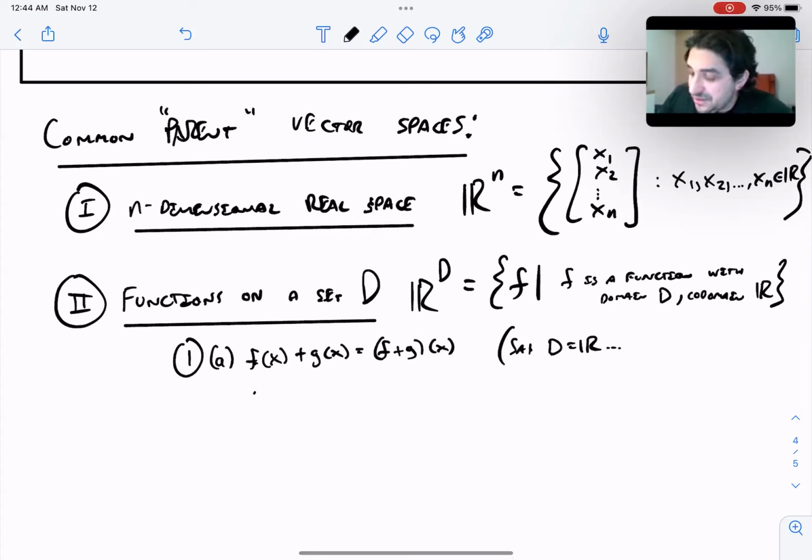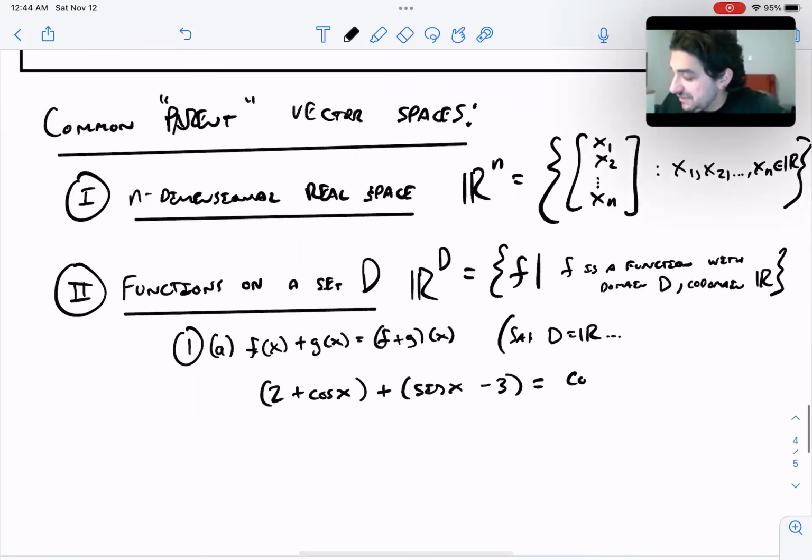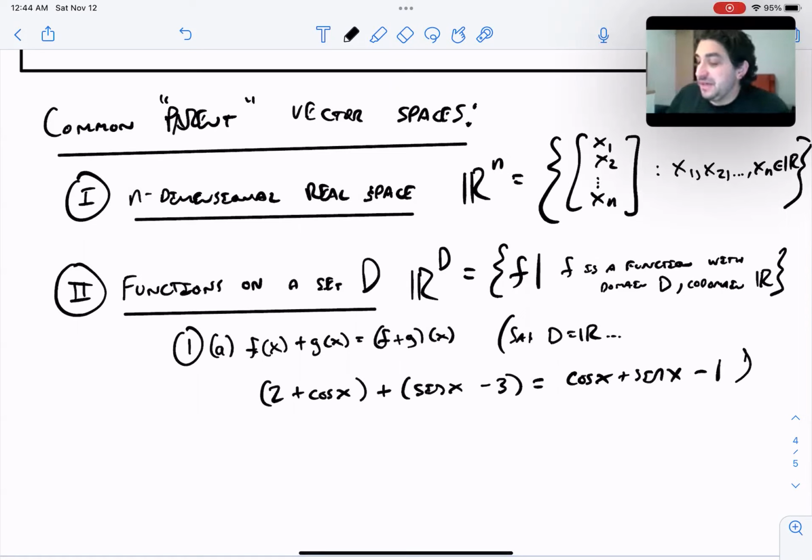Then if you take a function 2 plus cosine x, and we add it to the function sine of x minus 3, you get another function, and that function is cosine plus sine minus 1. So there's an example of why addition would be closed on that R to the D, right?